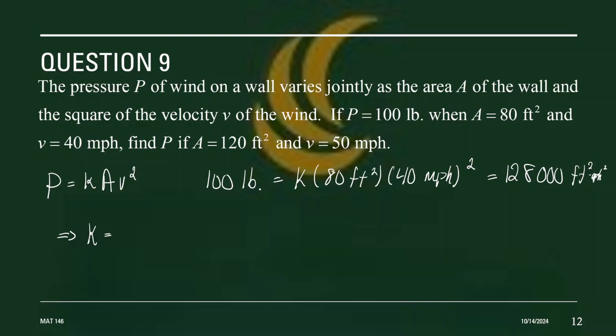So 100 divided by 128,000. One over 1280.